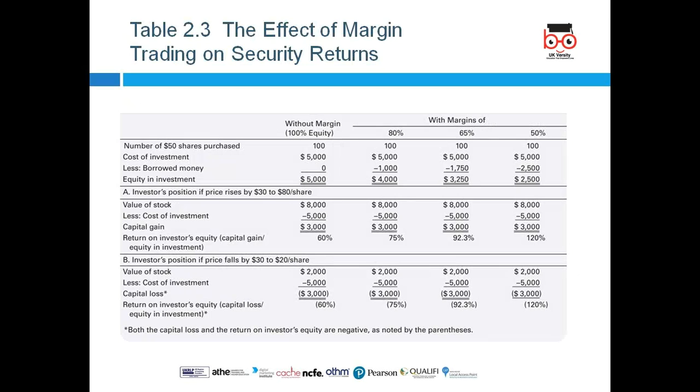Okay, the effect of margin trading on security returns. How many shares we have, what margins we'll use, what the value of the stocks is, and the price falls and this carries on the investor's position. If the price falls, of course, what will be the return on the investment? Either it will be profit or loss.